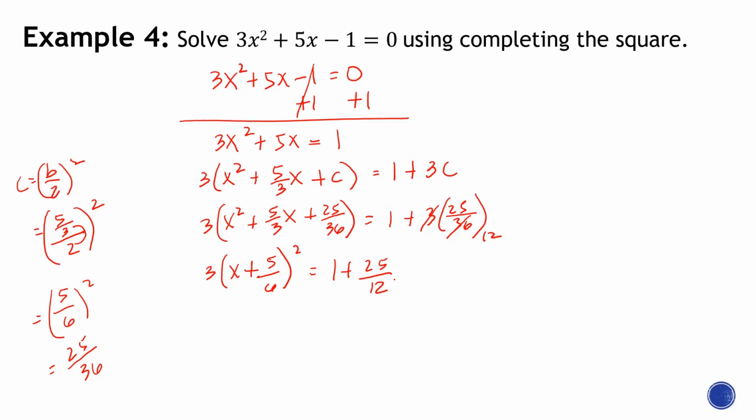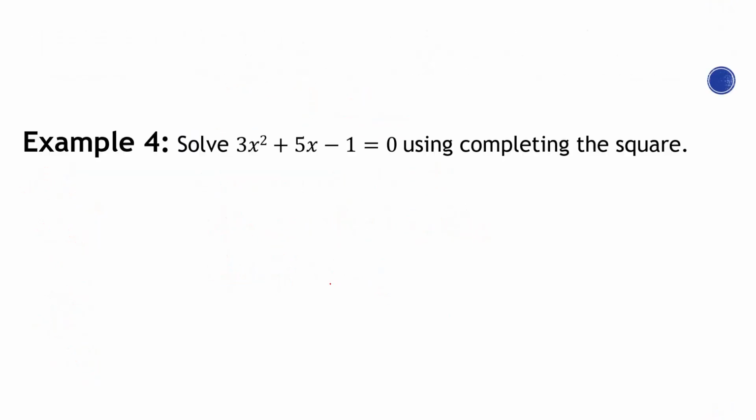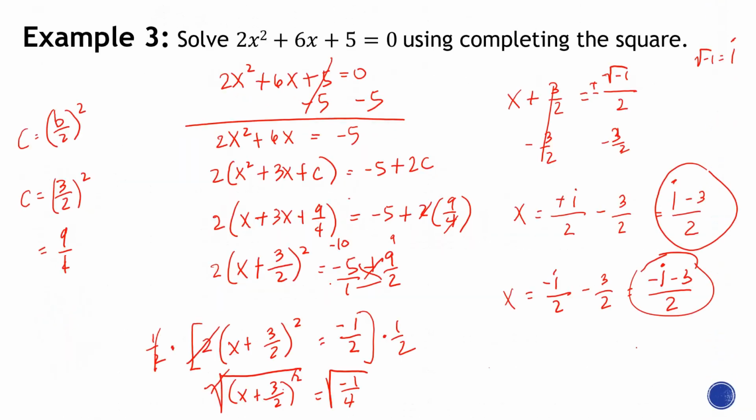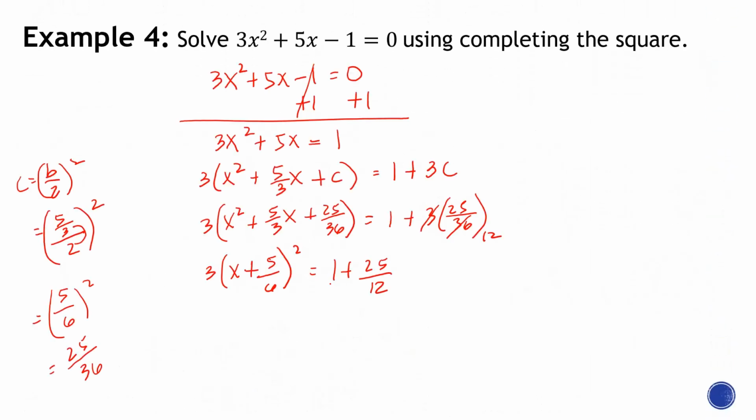Then let's go back there: that's 1 over 1, right? So cross multiply, that's going to be 12, plus 25, and this is going to be 37 over 12. 3 times x plus 5 over 6 squared.